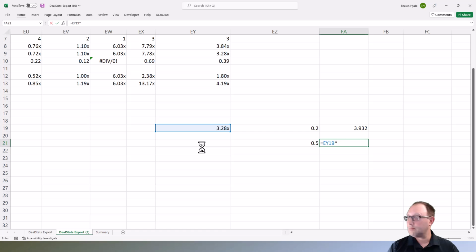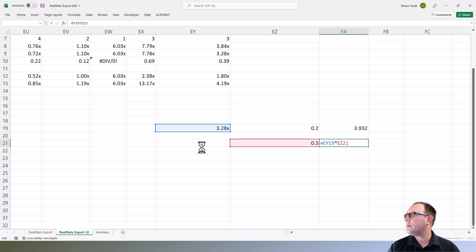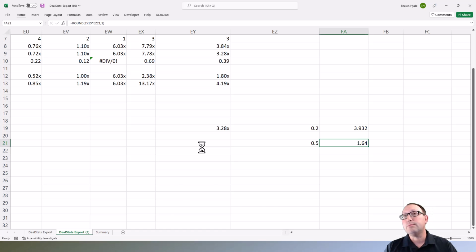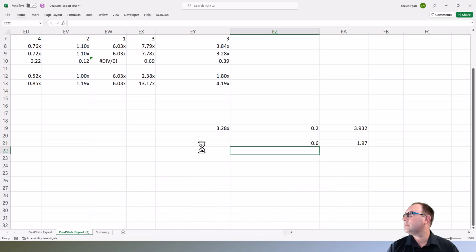times that range, I guess. Oh, I put a parenthetical there. Get rid of that. And round it. So maybe 1.6 times is the appropriate multiple. Or go 0.4. Let's just knock it down that much.